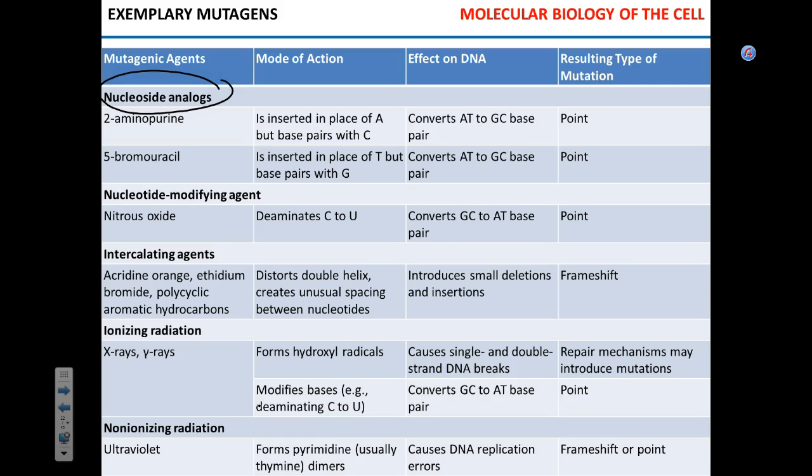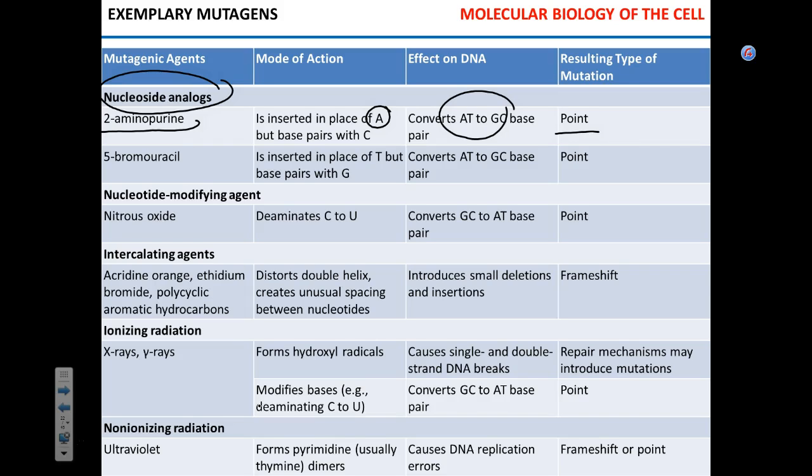So if it is added to the cell, it will be inserted in place, like 2-aminopurine will be inserted in place of A. It will convert one pair to another and will lead to point mutations.